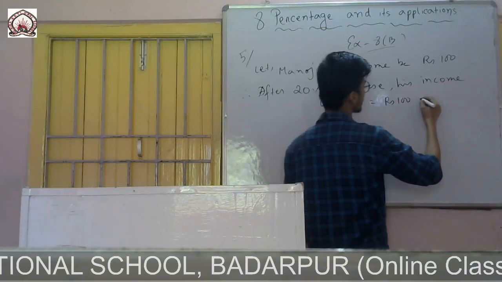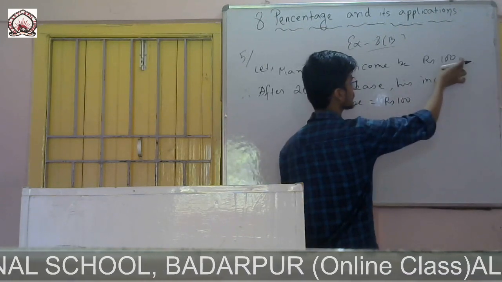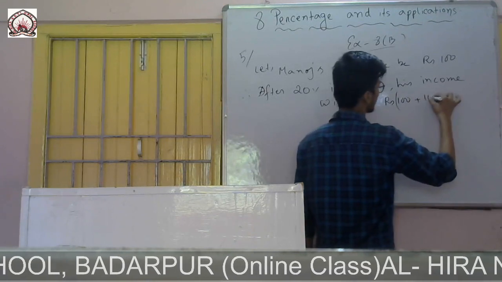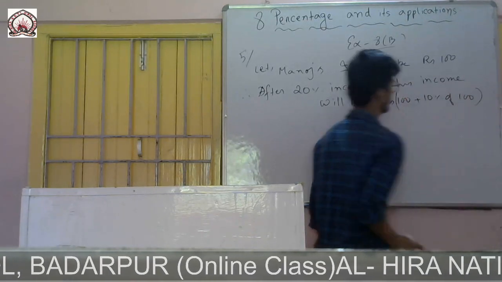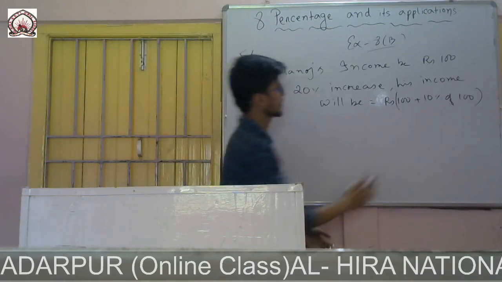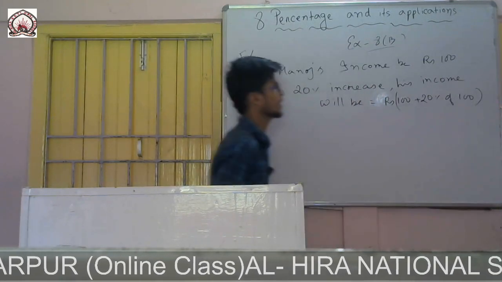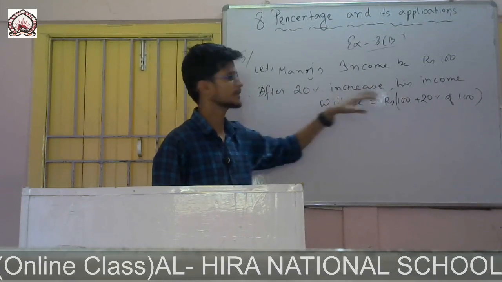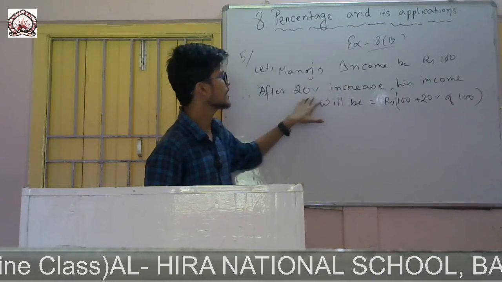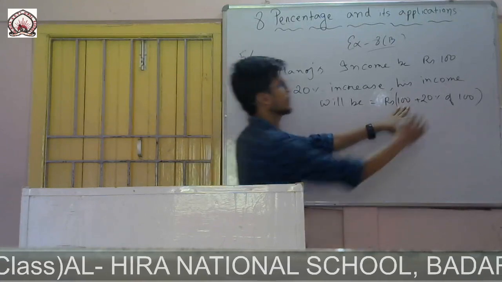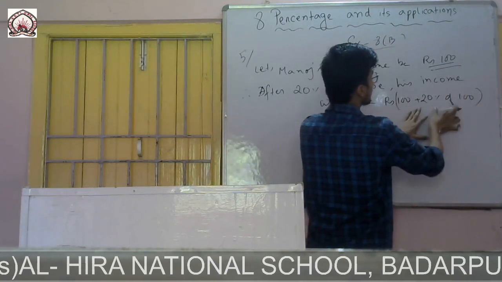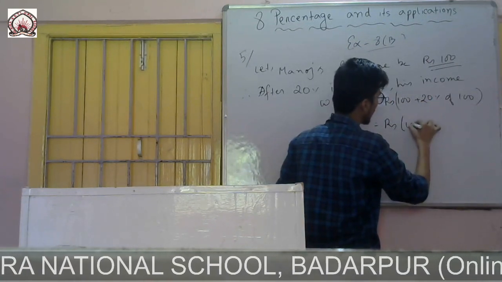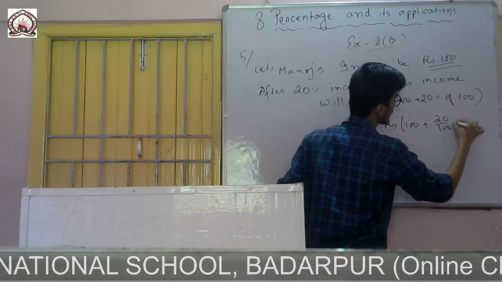It is 20%, not 10%. The question says first of all it increased, so I will find the amount after the increase. After the 20% increase his income will be, letting it as 100, rupees 100 plus 20% means 20 by 100 into 100.